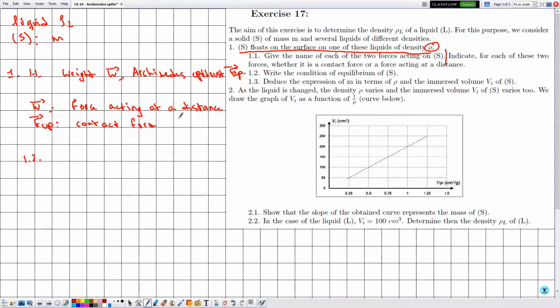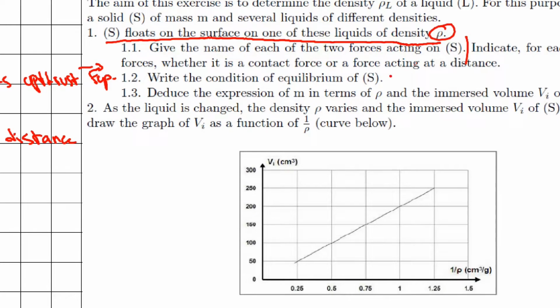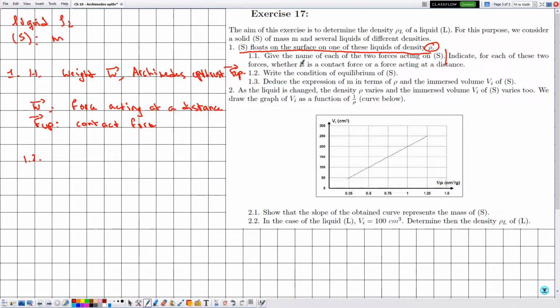Now in 1.2, write the condition of equilibrium of S, knowing that it floats on the surface of one of these liquids of density rho. So indeed we can use the condition of equilibrium. How do you apply this condition? Always as a title we write at equilibrium.